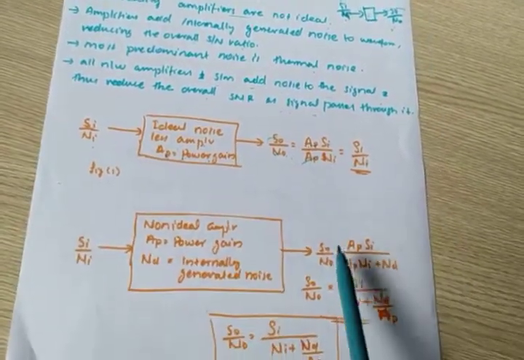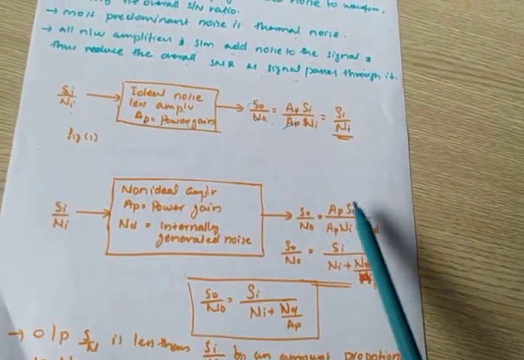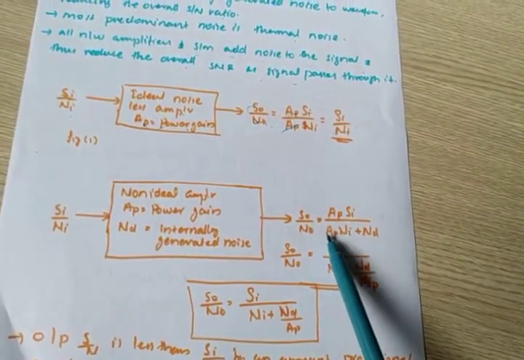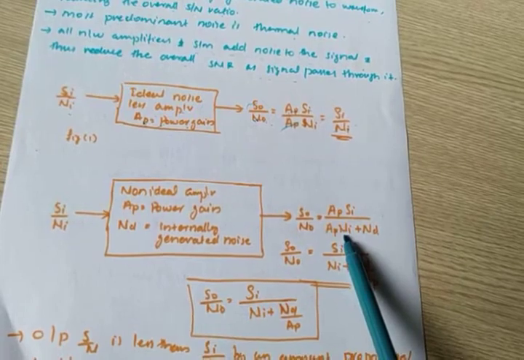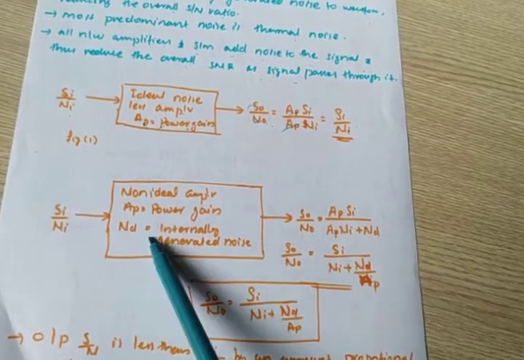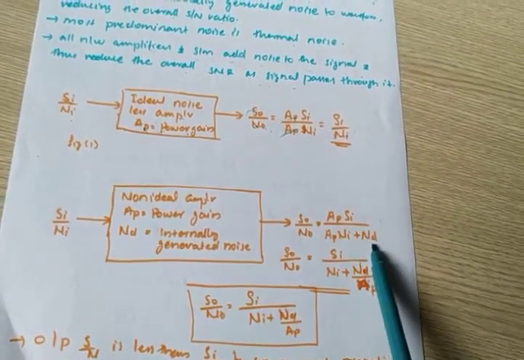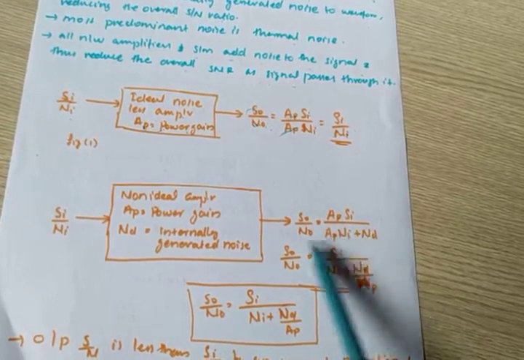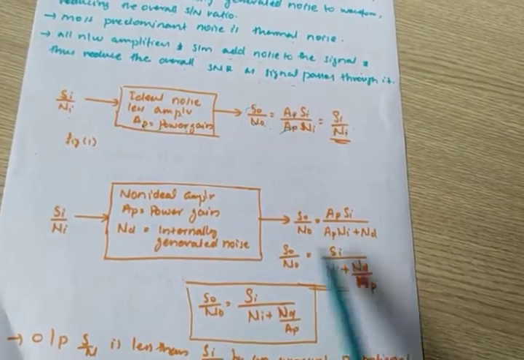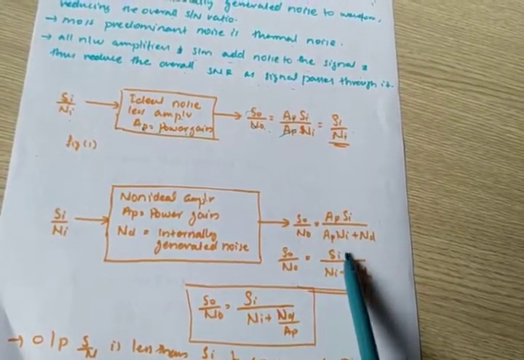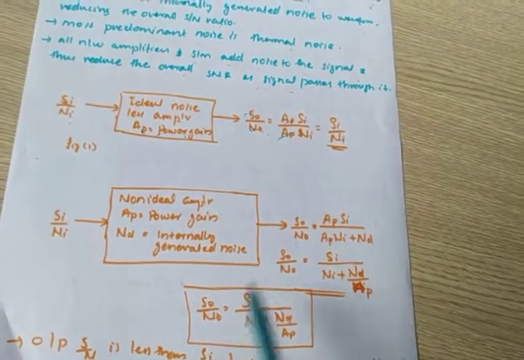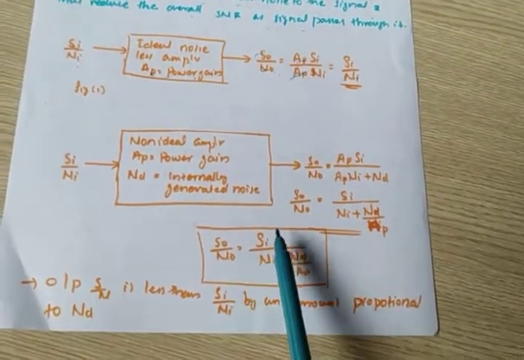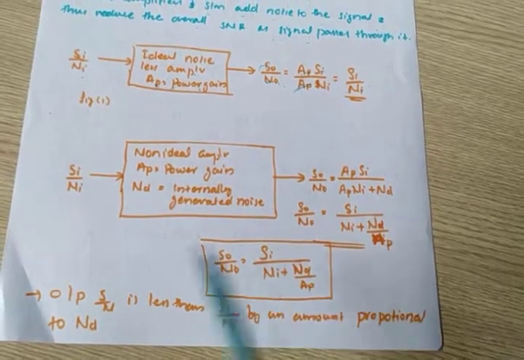That's why it is written as S0 by N0 equals Ap into Si by (Ap into Ni plus Nd), where Nd is the system generated noise. Then Ap is taken out and cancelled, and we get S0 by N0 equals Si by Ni plus Nd by Ap.